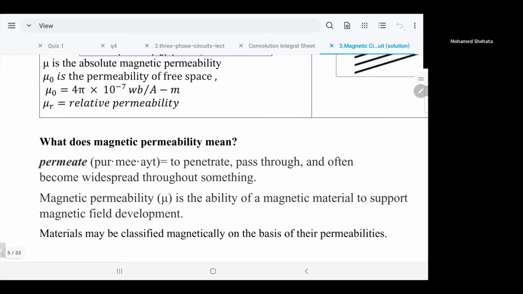If you have 10 lines, you'll find that only 5 pass through this medium, or 2, or 0. Okay, give me one metal that doesn't allow a magnetic field.